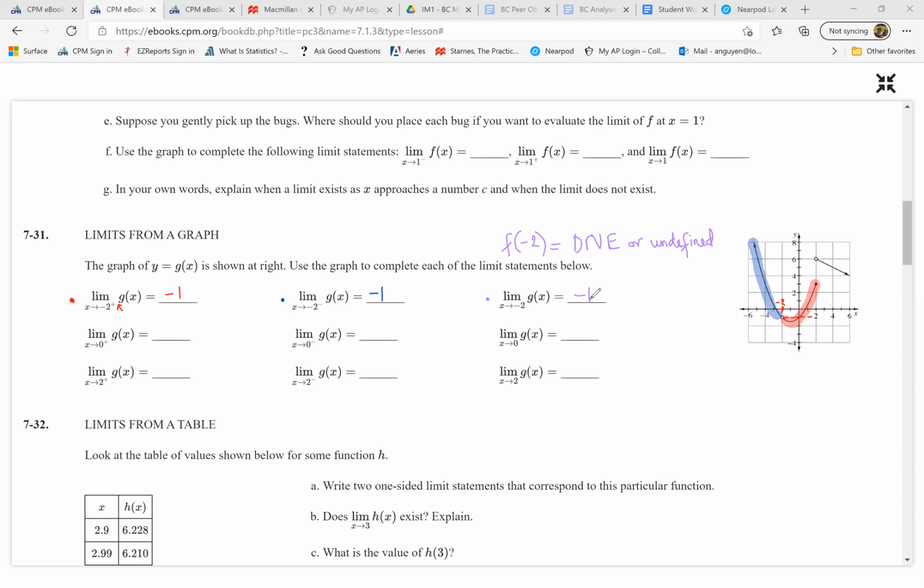So you guys see the difference between evaluating the function at an x value and finding the limit at the x value. We do this at the same x value, which is x equal -2. But if you evaluate, you will not have an answer for the output. But if you take the limit, you do have an answer for the output. Does it make sense?